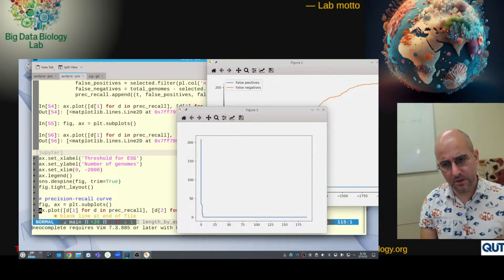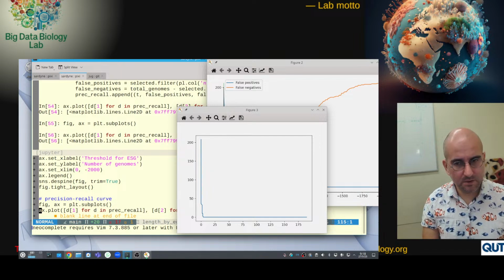Is this a precision recall curve? Similar-ish. It's close enough.